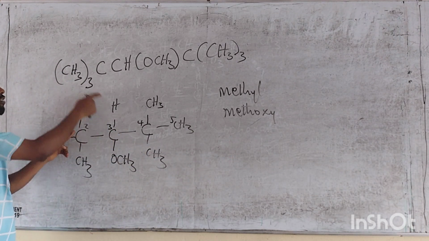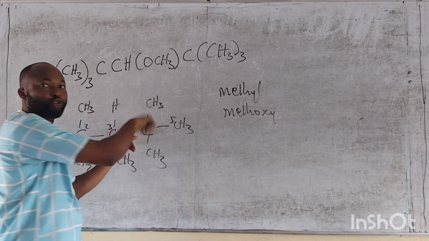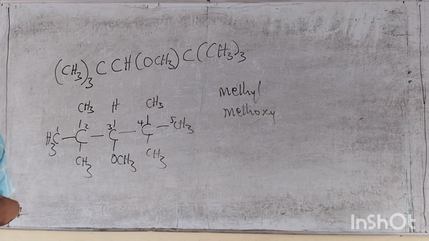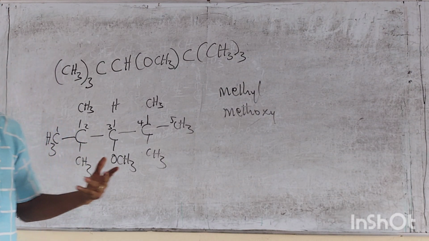In carbon 2 we have 2 methyl. In carbon 4 we have 2 methyl. So we repeat the locant as many times as they appear.